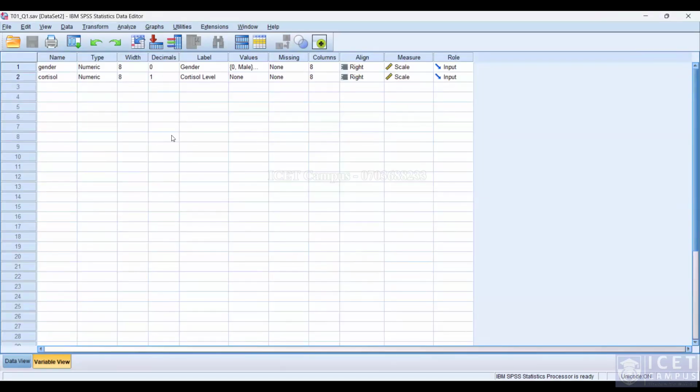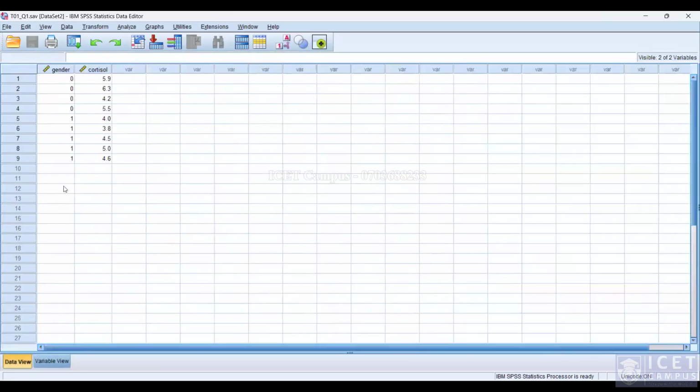So one variable is gender, the other variable should be cortisol level, right? So the gender and the cortisol level, then you can enter the data, right? So you can enter the data here.